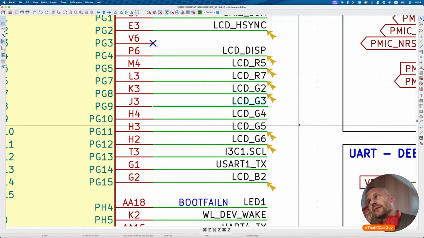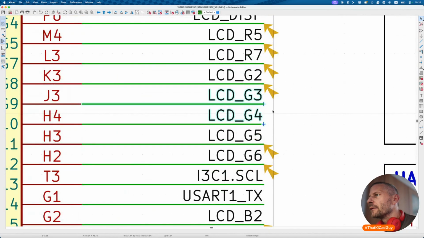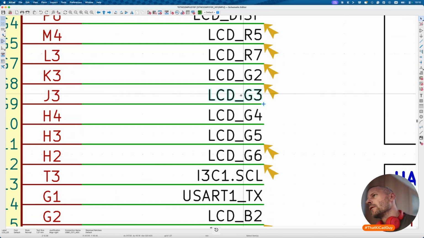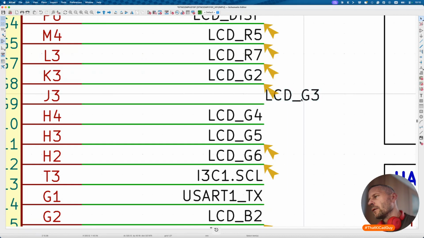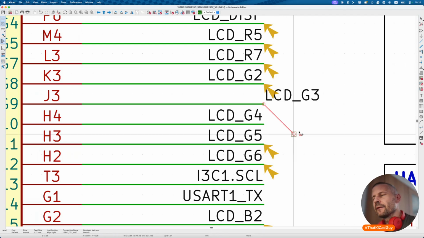So let's find another way. How to do it? If I mark the end of the net, yeah. If I mirror the label, here, yes, this is the sucker.